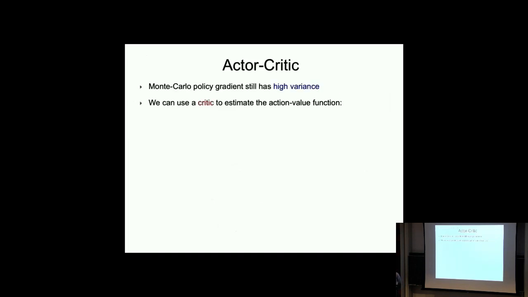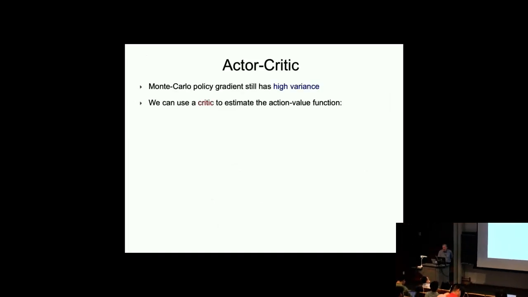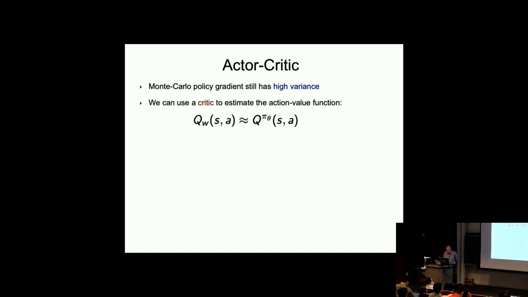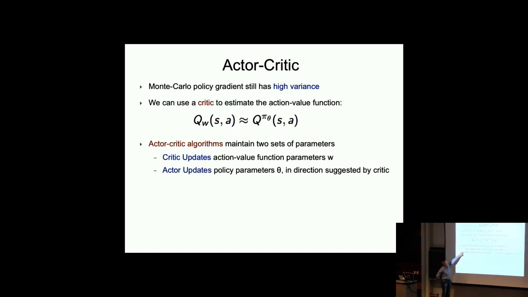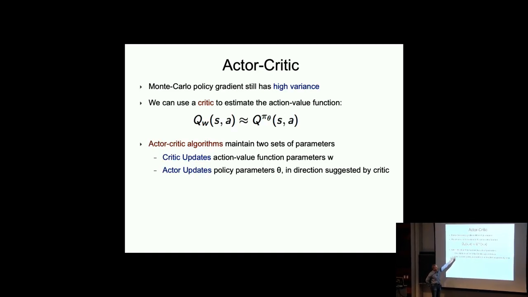Okay, so given that, we've talked about actor-critic models before. One way to define actor-critic algorithms is that they maintain two different sets of parameters. You learn two different functions. One is what we'll call the critic, which is an action value function with its own parameters. For example, we might learn an estimate using parameters W for the Q function.